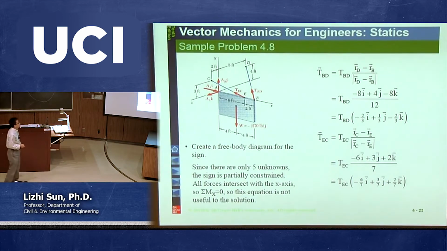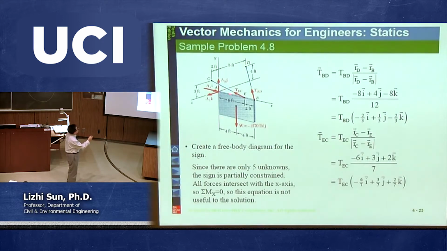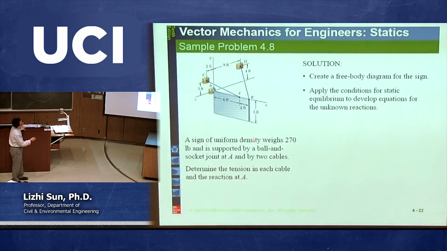When we need to plot the free body diagram, we first need to identify the rigid body. For this problem, it's very clear: the sign of uniform density is the rigid body. So you just plot the rigid body here, and then we look at how this rigid body interacts with the outside world. Number one, there is a self-weight of 270 pounds.